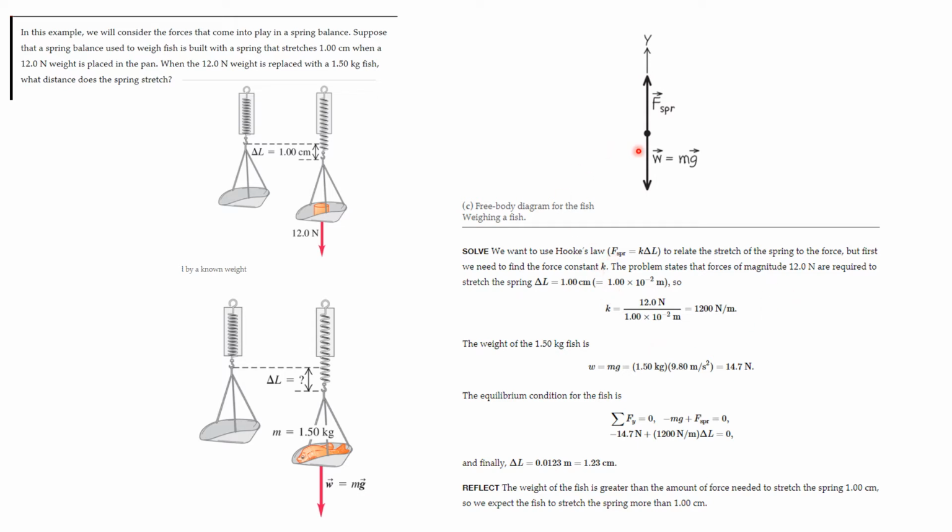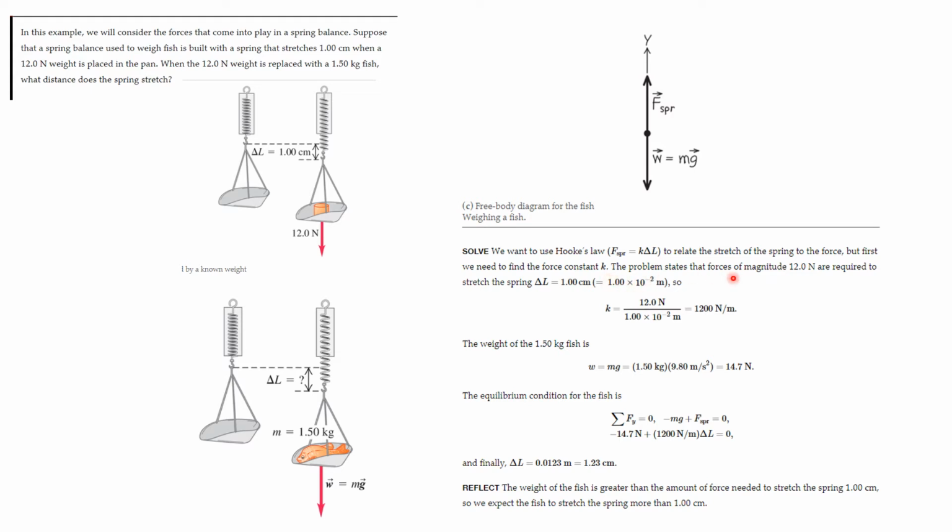From a physics diagram point of view, this weight is balanced by that force. So you're going to use Hooke's law. F of the spring is K delta L. We do need to know the force constant K. There are ways to do that without knowing it, but certainly finding it is fine.